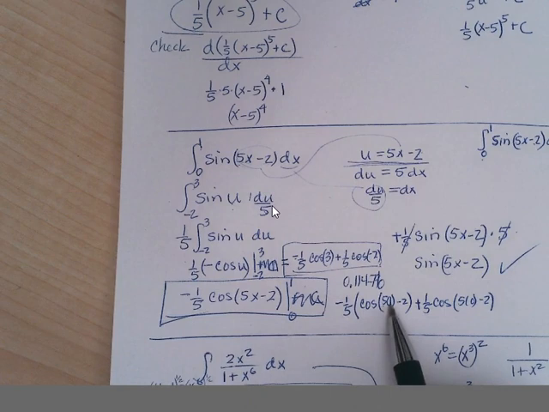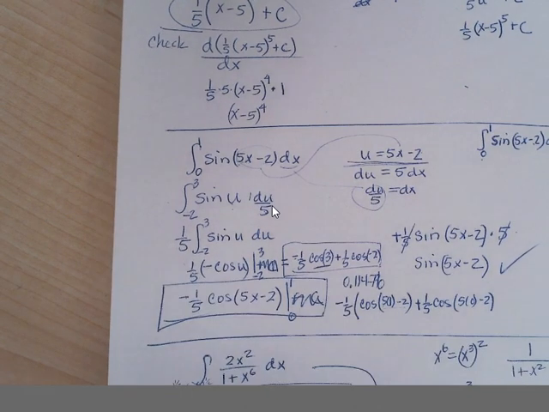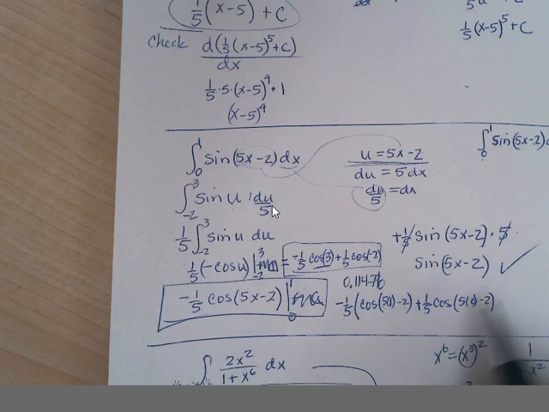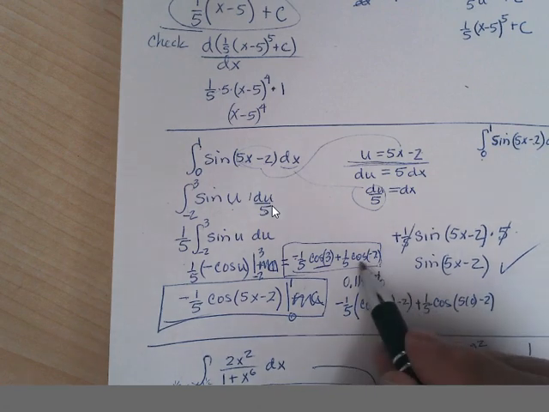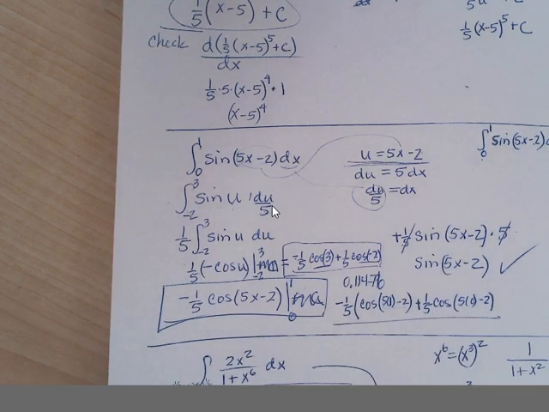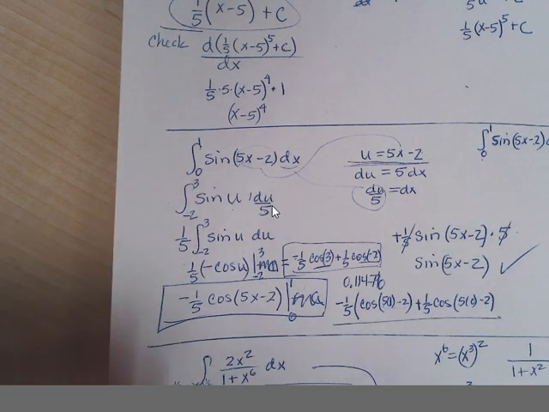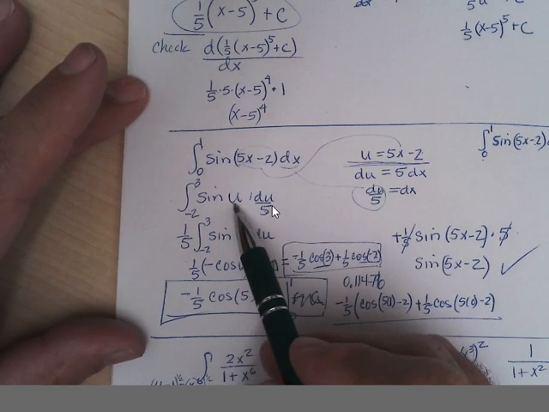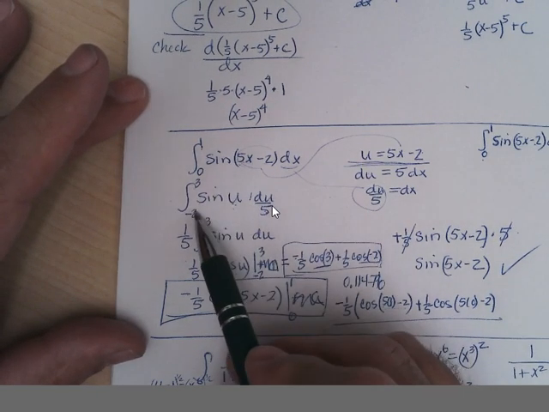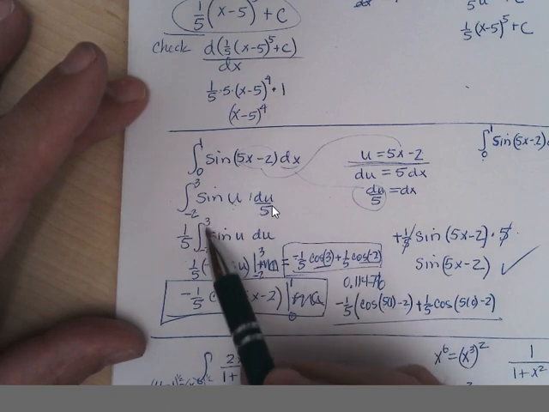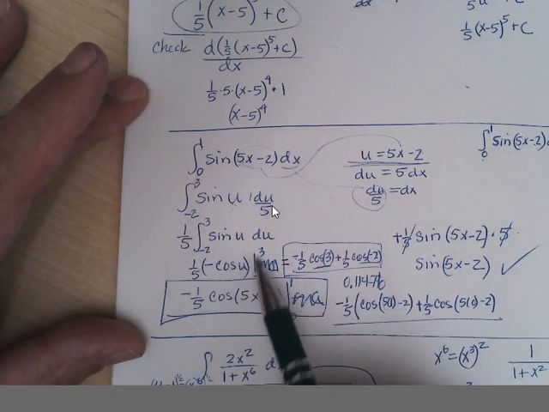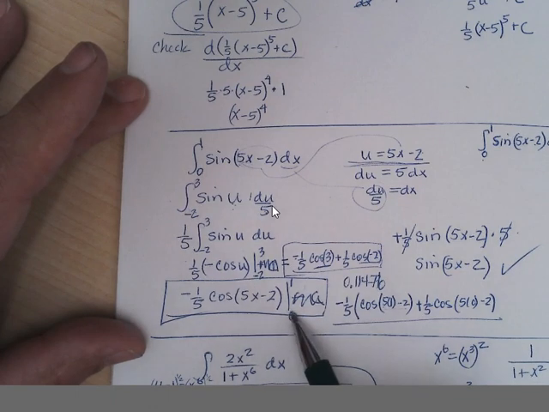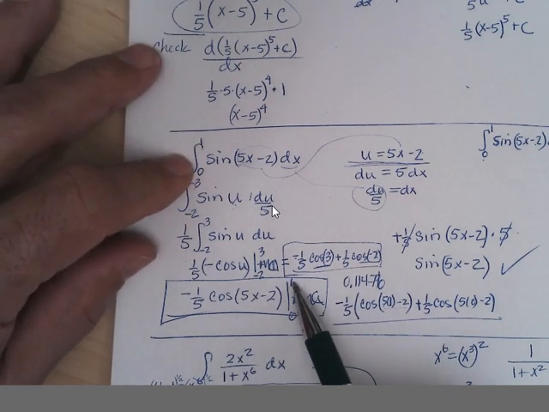But 5 times 1 minus 2 is 3, what we had before. And 5 times 0 minus 2 is minus 2, and we'd get the same answer. So the point of this is, when you switch to u, the limits have to change. And as long as you're in u, those are the limits. If you change back to x, then you go back to your old limits.